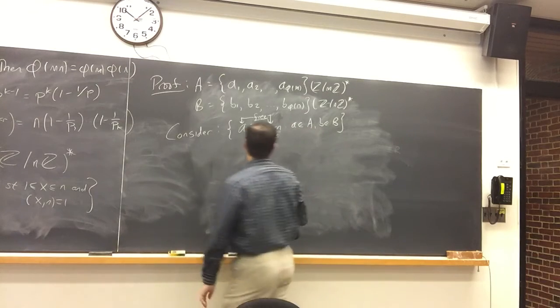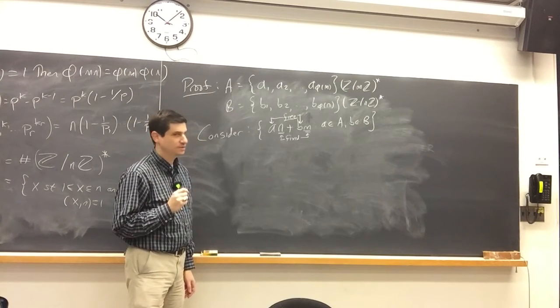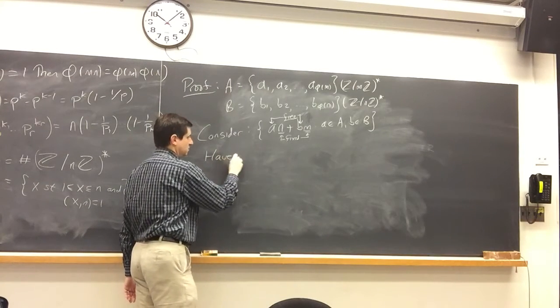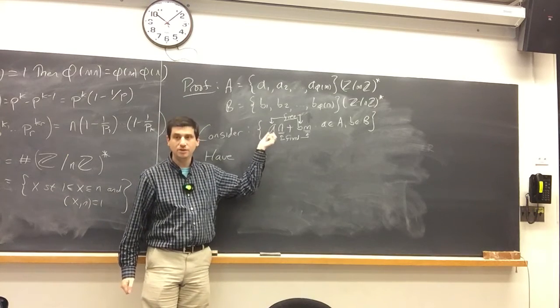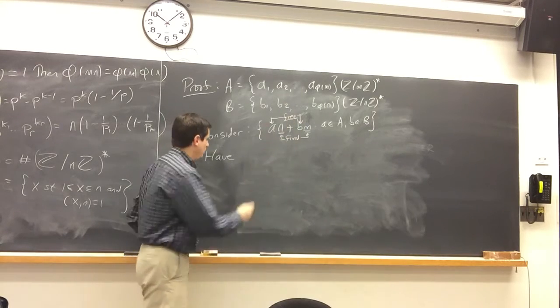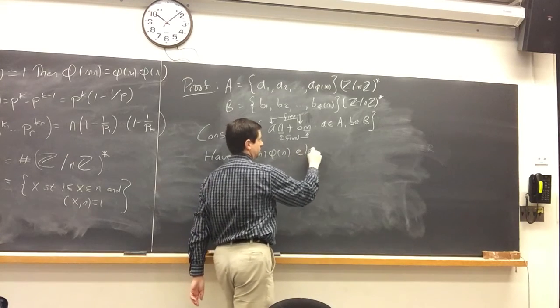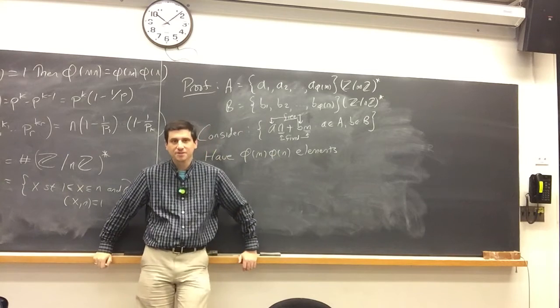We don't have nm elements. How many choices for a do we have? We have phi of m choices for a. We have phi of n choices for b. We have phi(m) phi(n) elements. Right?